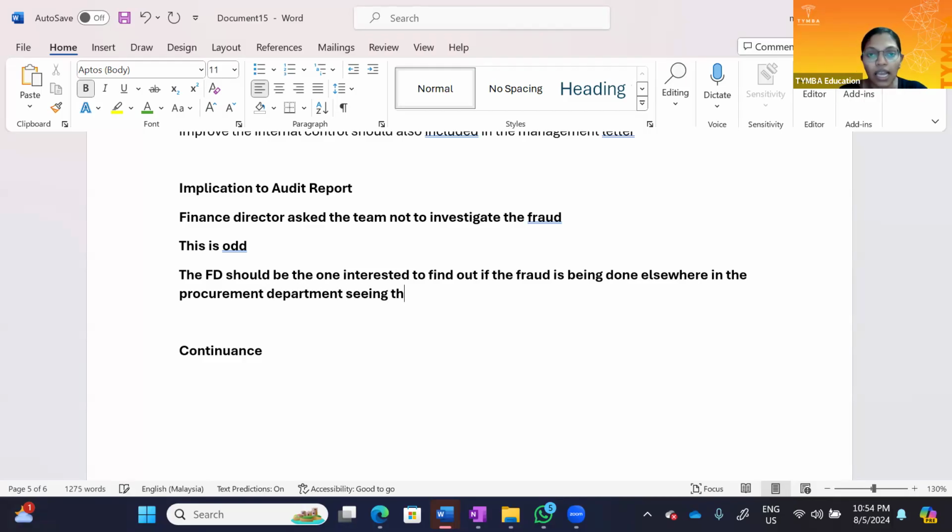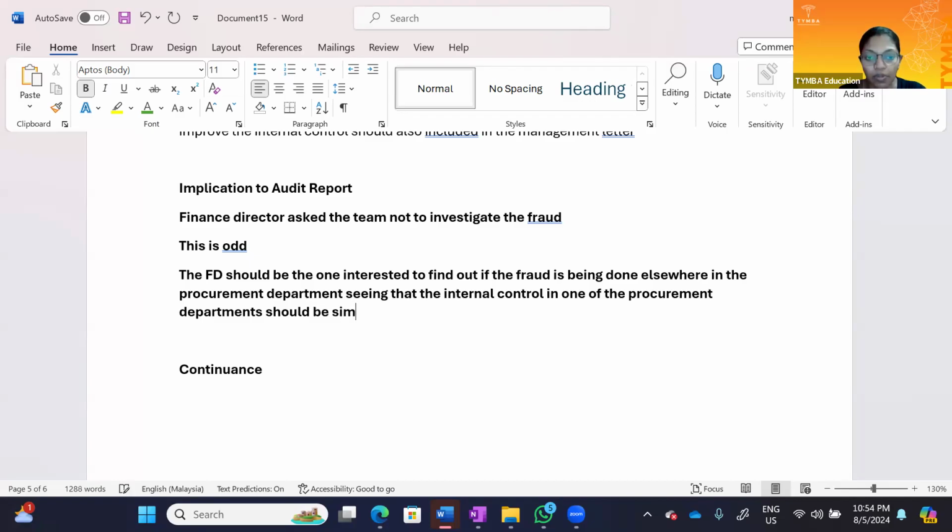Okay, seeing that the internal control in one of the procurement departments should be similar to the internal control in another company in the group.